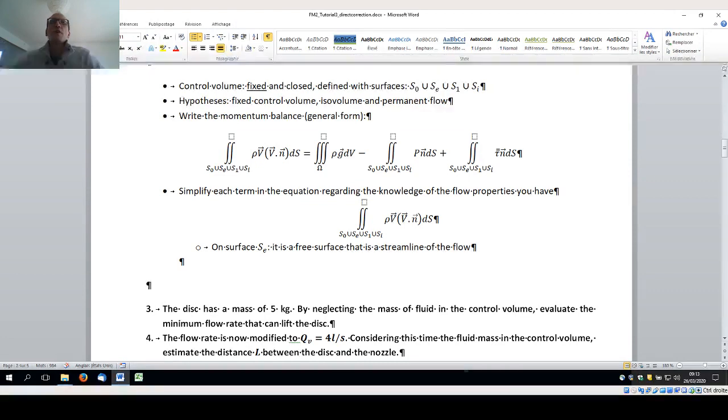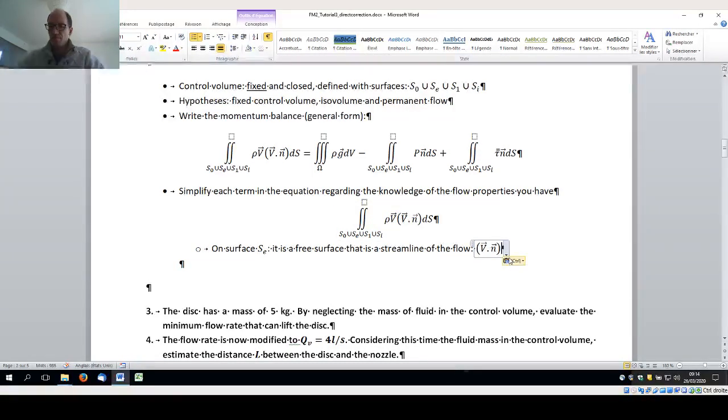If we are on a streamline, what we can say is that the velocity scalar the normal is equal to 0. This is the definition of a streamline.